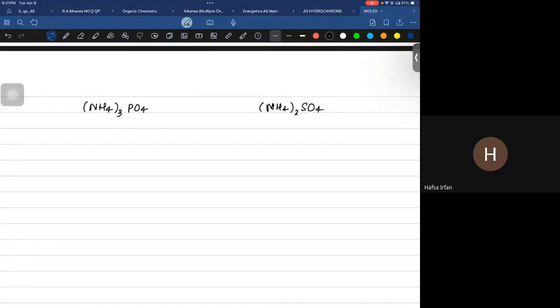What you are supposed to do: percentage of nitrogen is equal to the mass of nitrogen, how many nitrogens we have, 3 nitrogens, divided by the total.